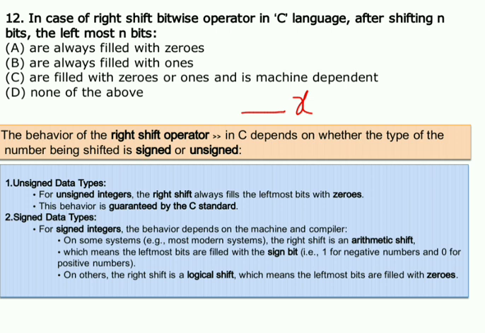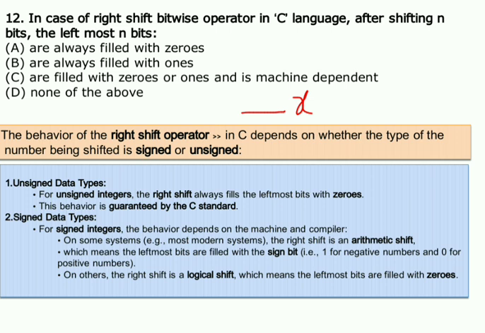So the right shift is an arithmetic shift, which means the leftmost bits are filled with the sign bit, that is 1 for negative numbers and 0 for positive numbers. If the right shift is a logical shift, it means the leftmost bits are filled with zeros. So it will depend on the unsigned or signed bits.